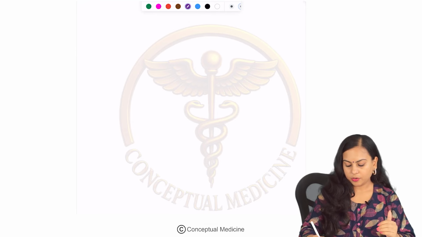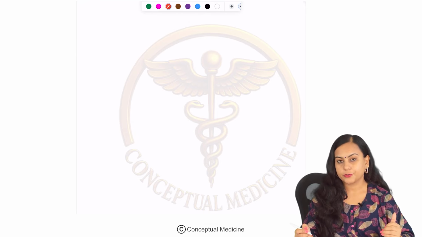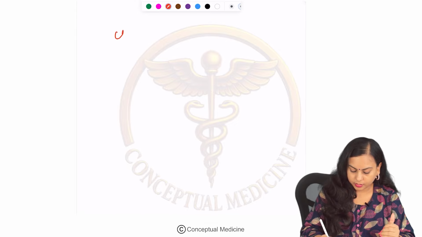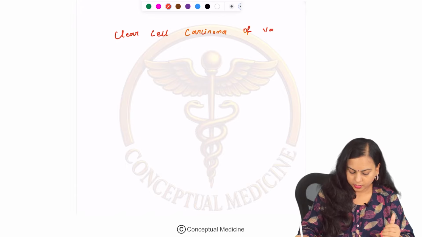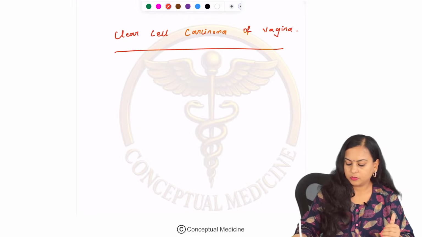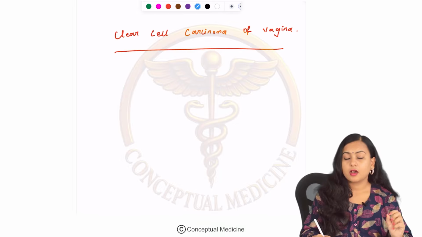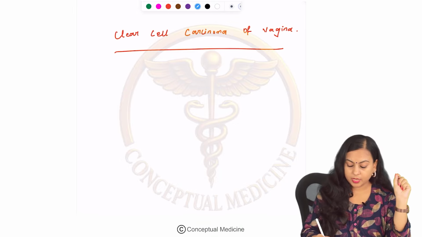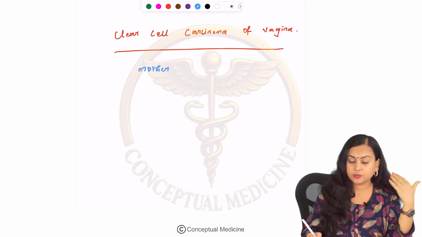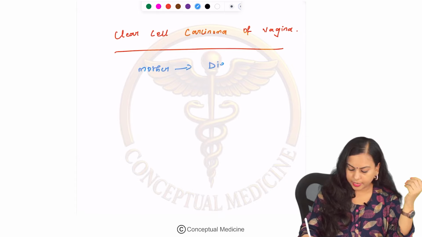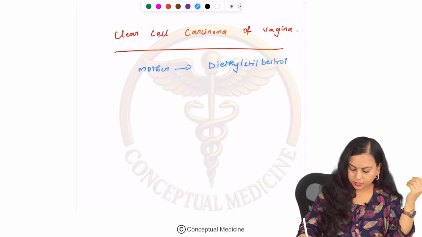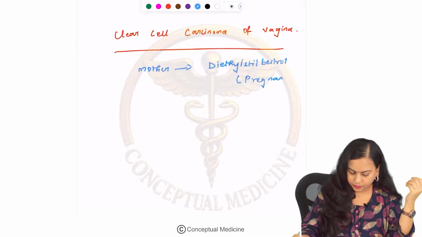Okay, so this is a clear cell that is seen in the ovary. I want to mention another clear cell carcinoma here, which is the clear cell carcinoma of vagina. The risk factor for clear cell carcinoma of vagina is the patient's mother having taken diethylstilbestrol in her pregnancy.